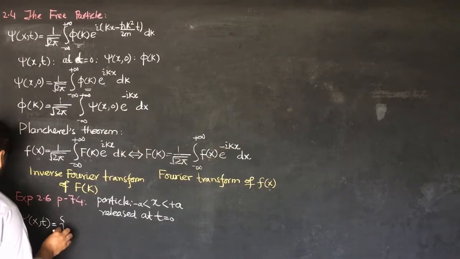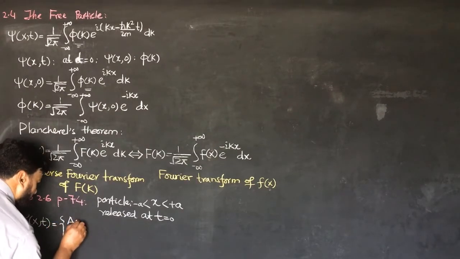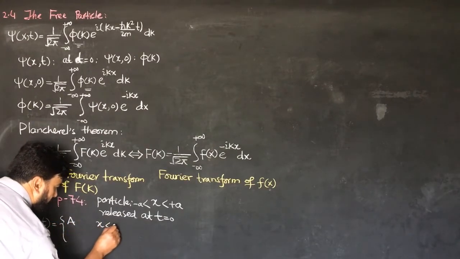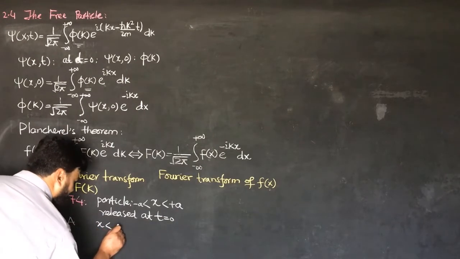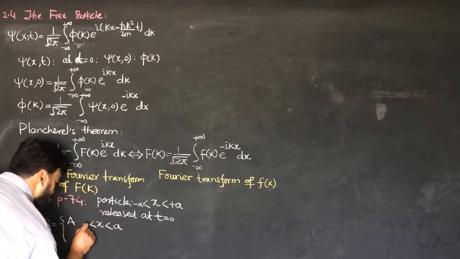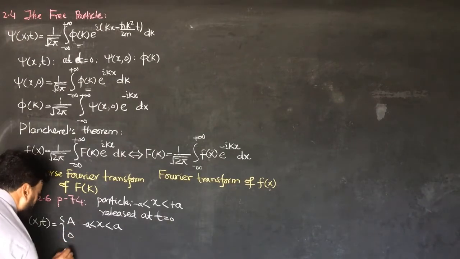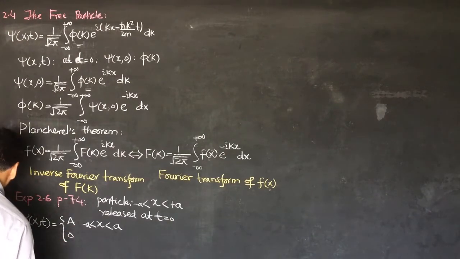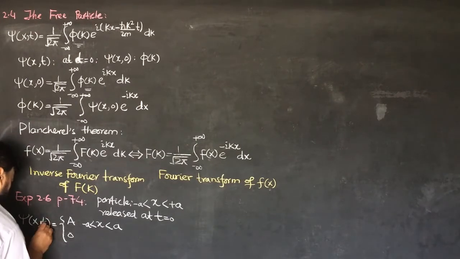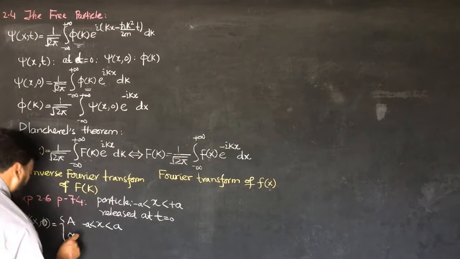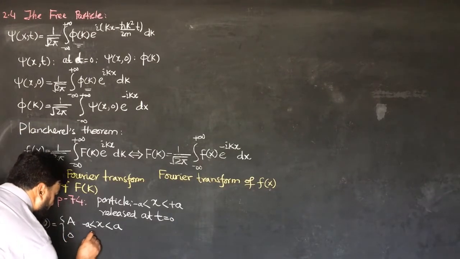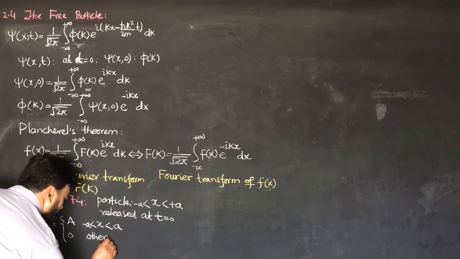So ψ(x,0) is equal to A when x is less than plus a and greater than minus a, and this is equal to 0 otherwise.